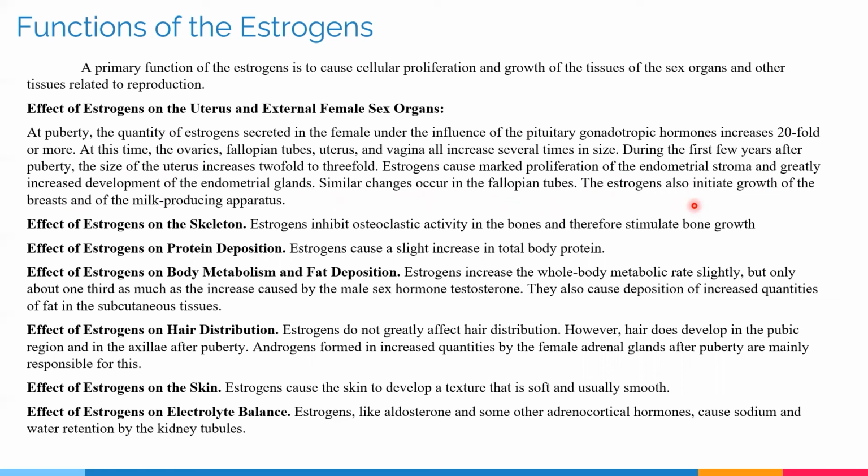The estrogens also initiate growth of the breasts and of the milk-producing apparatus. Effect of estrogens on skeleton. Estrogens inhibit osteoclastic activity of the bones and therefore stimulate bone growth. Effect of estrogens on protein deposition. Estrogen causes a slight increase in total body protein.